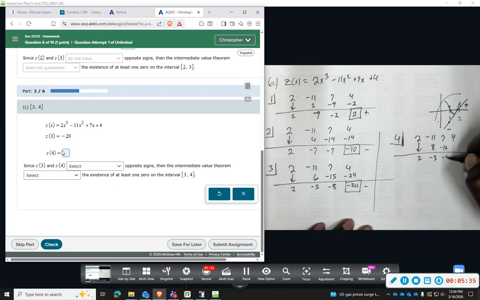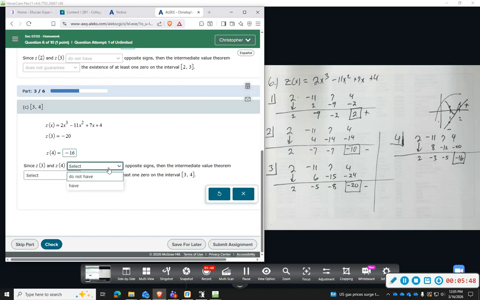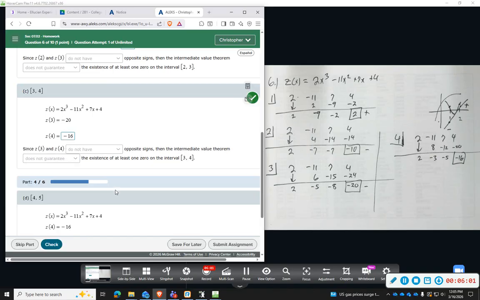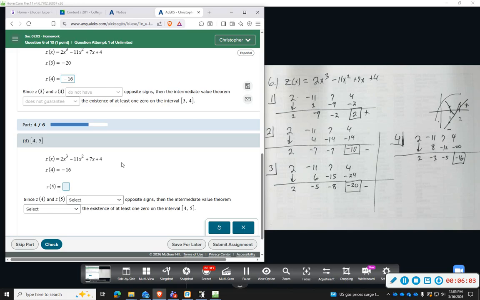Subtract, negative 5. 4 and 5, negative 20. And we get negative 16. Okay. So negative 16 when we plug in 4. Again, the signs are the same, so they do not have opposite signs. Intermediate value theorem does not guarantee the existence of a zero on that interval. Now, it doesn't say that there's not, but just they can't tell.